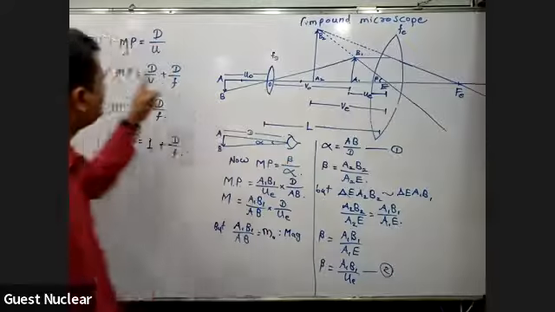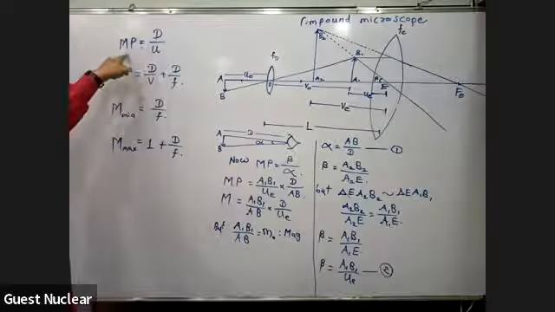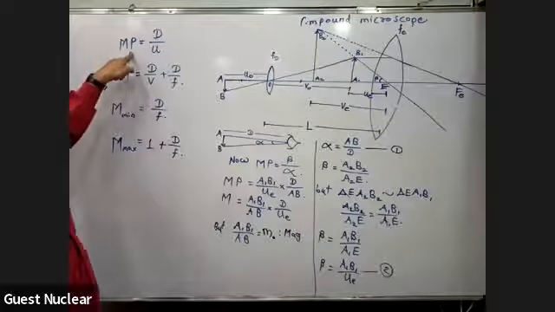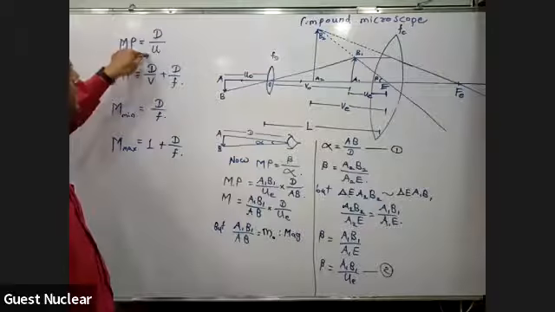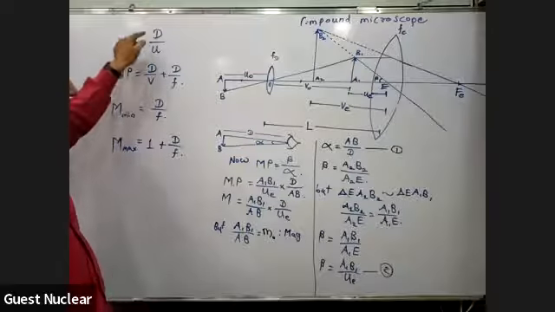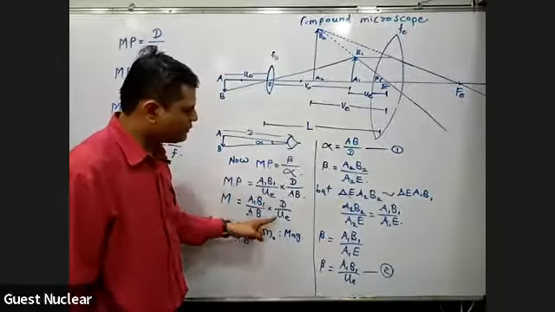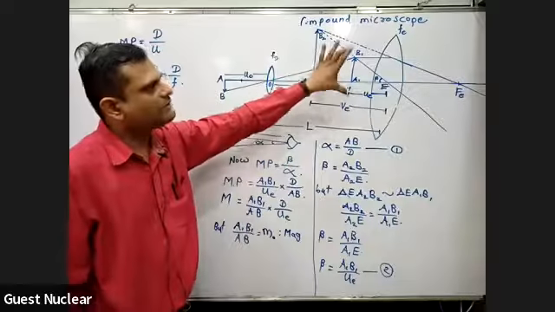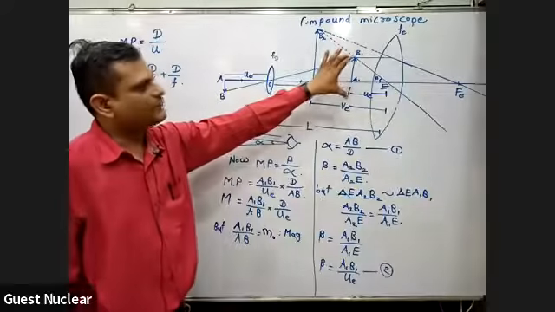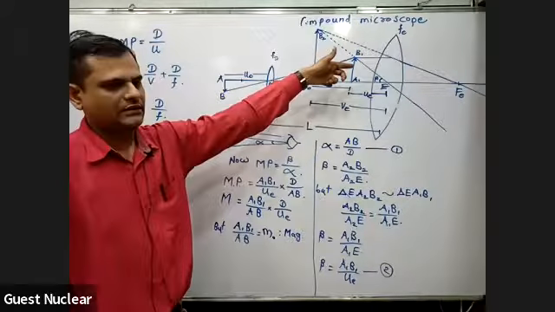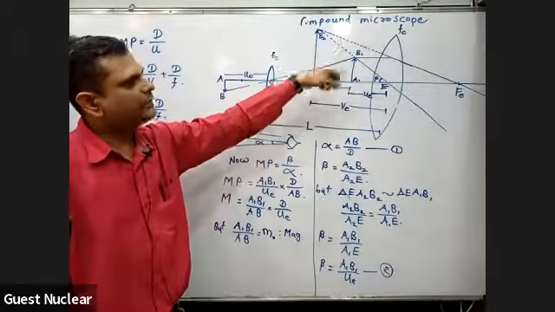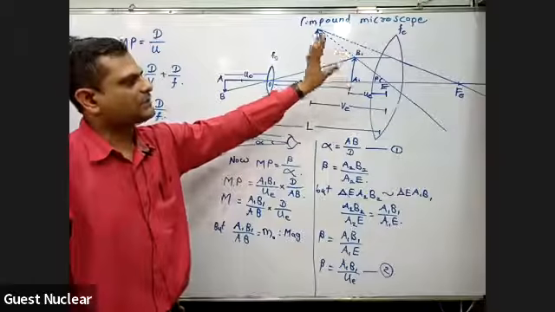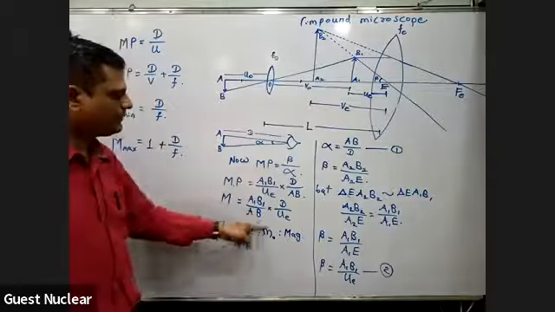If you look carefully, here we have already derived that the magnifying power of a simple microscope happens to be simply D upon U, correct? U means object distance. So if we consider this D upon UE here, then it will give us the magnifying power of that simple microscope, okay? The simple microscope which is working as an eyepiece here. So the magnifying power of the eyepiece, which is working as a simple microscope, will be obtained here as D upon UE.